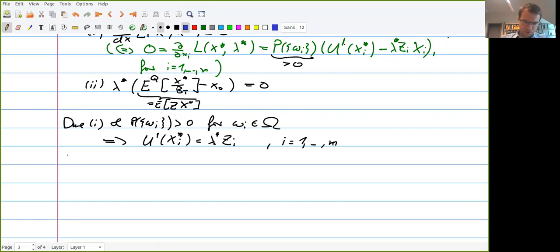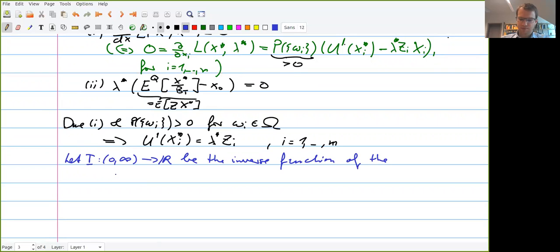So we observe that I have an inverse function of the strictly decreasing and continuous function u prime.